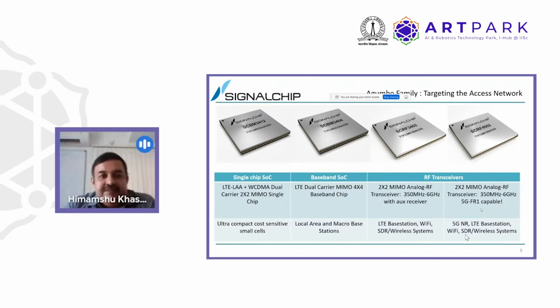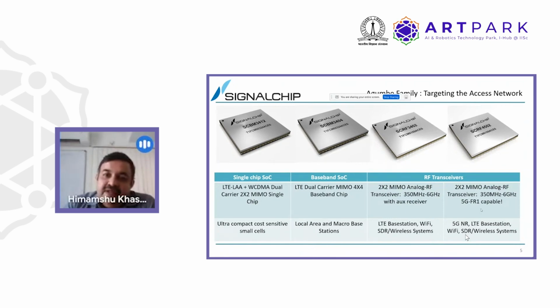The first one, the flagship chip that we started working on way back in 2010, is the SCBM 3412, which is a single chip SoC for a complete base station. It targets ultra compact and cost sensitive small cells. Then we have the baseband SoC, SCBM 3404, which does dual carrier MIMO 4x4 baseband.